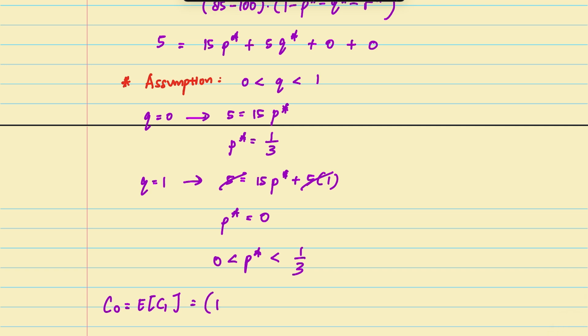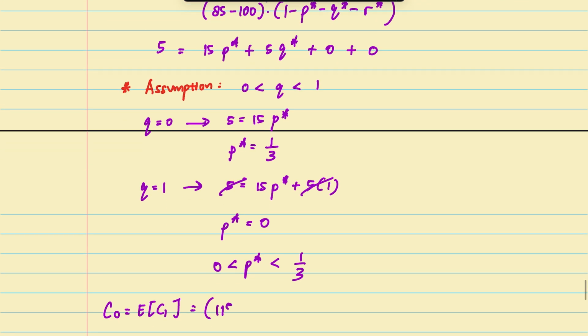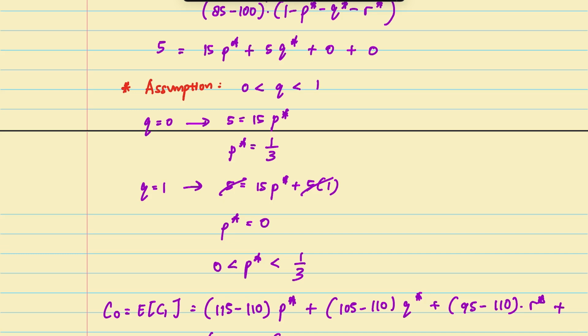It is 115 minus 110 times P star, plus 105 minus 110 times Q star, plus 95 minus 110 times R star, plus 85 minus 110 times 1 minus P star minus Q star minus R star.